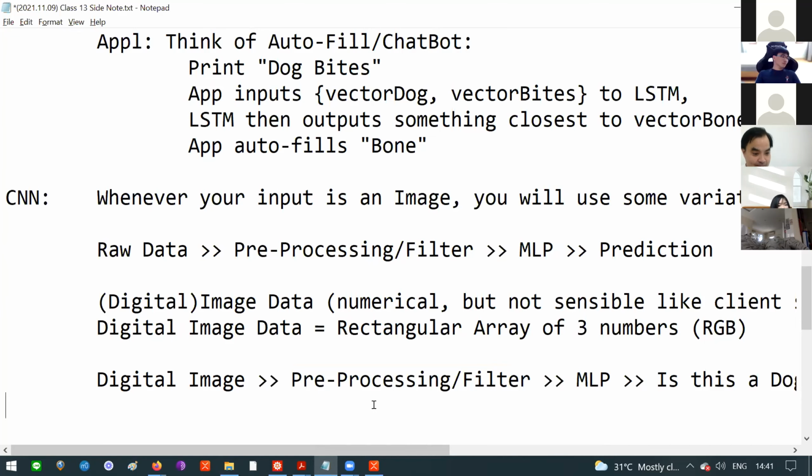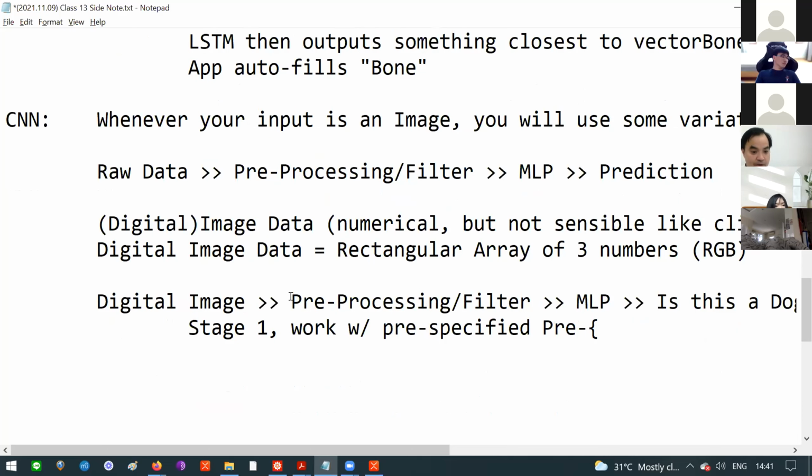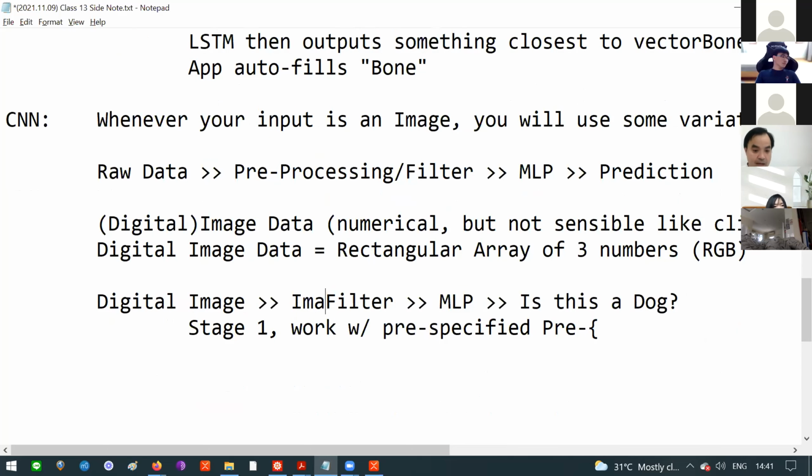So think of it this way: stage 1, work with specified pre-processing. Now I'm not going to use the word pre-processing. I'm going to call it the image filter.